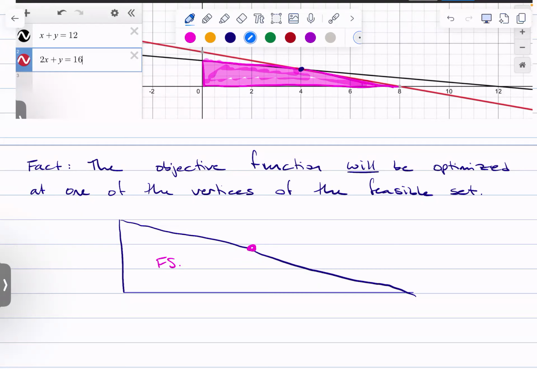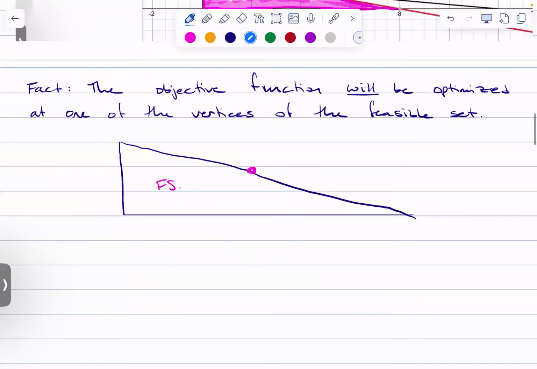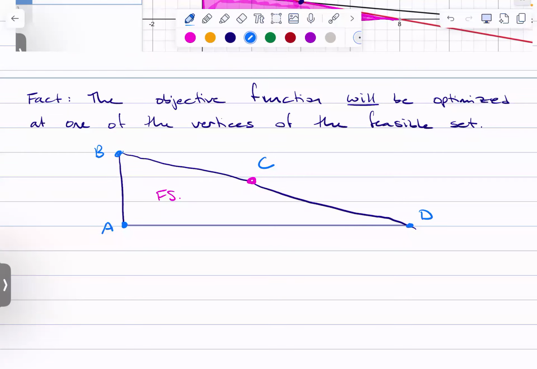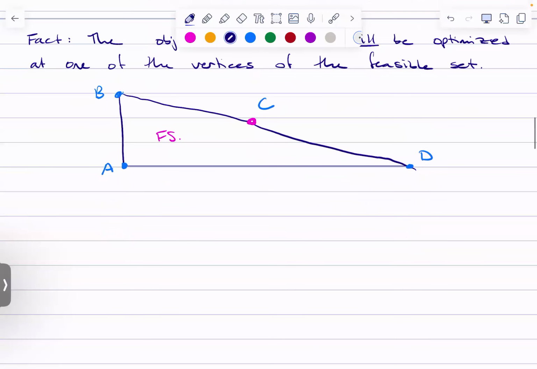A, B, C, D is pretty common. Using numbers might be confusing. You can if you want, but usually we start down here, call this A, and then move clockwise from the origin, from 0, 0, all the way around and label all my vertices, C and D. The only one that's really going to give us grief is C. That's going to be a little bit of work. And so we need to find the vertices.